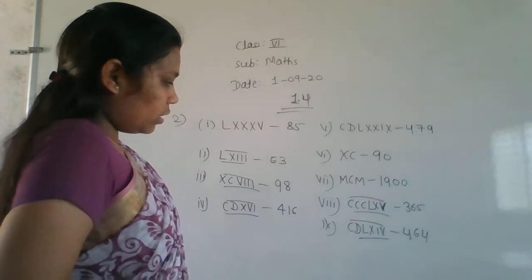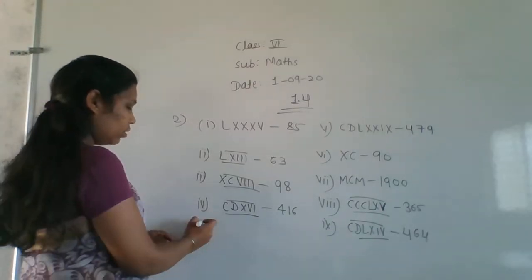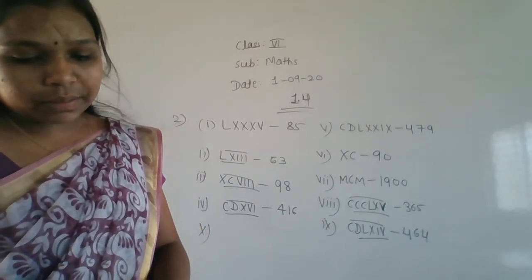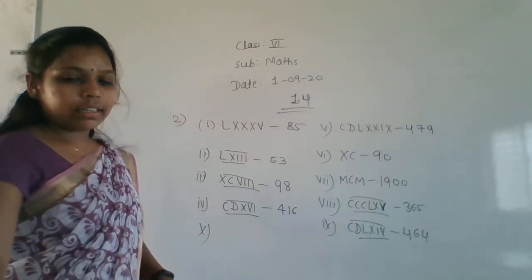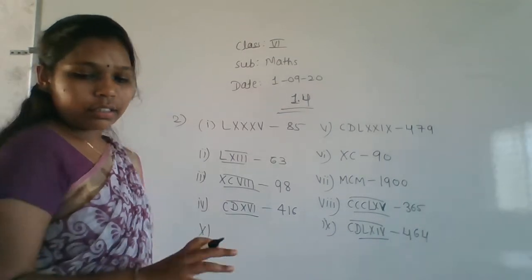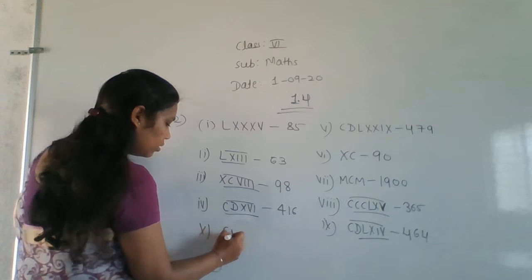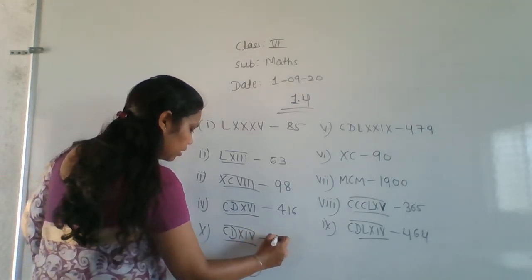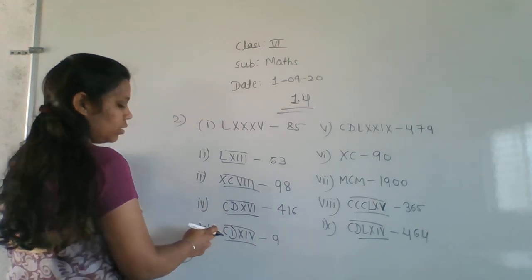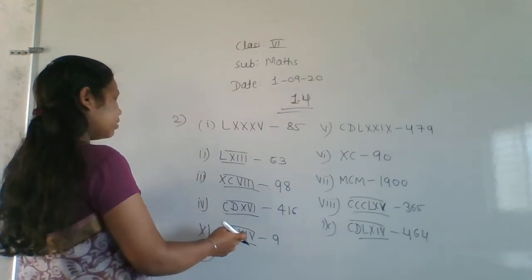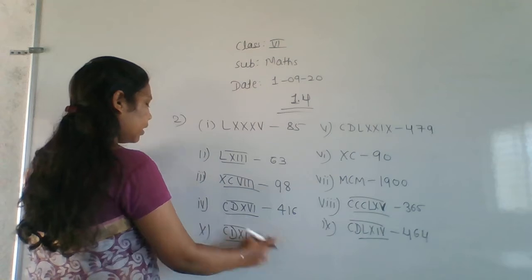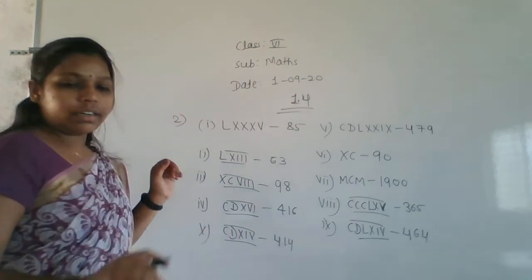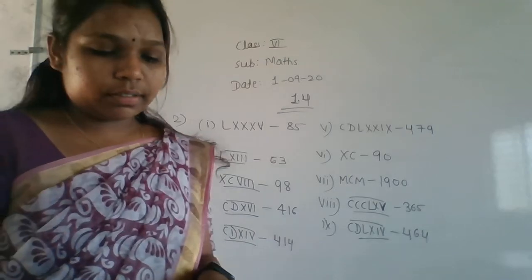Next one is the tenth one. Okay, last one, CDXIV. That is 900, sorry, 414. That number is okay.